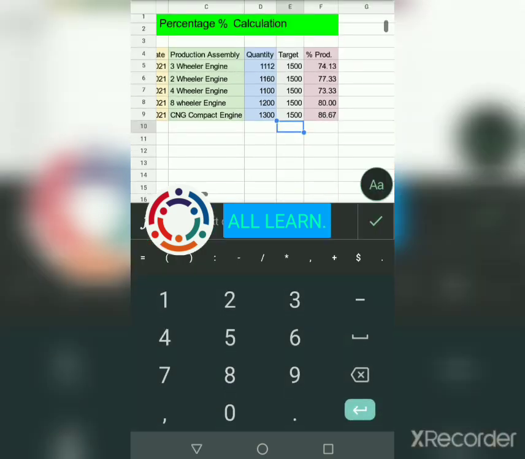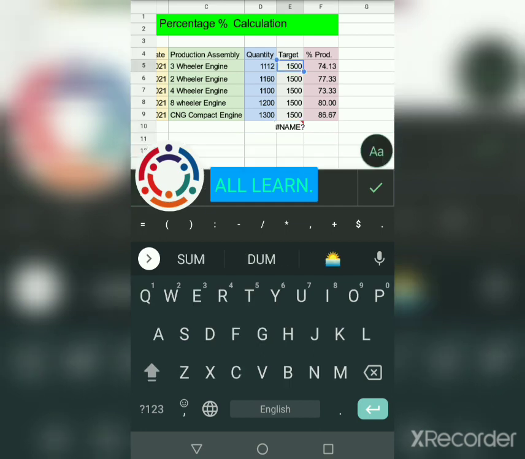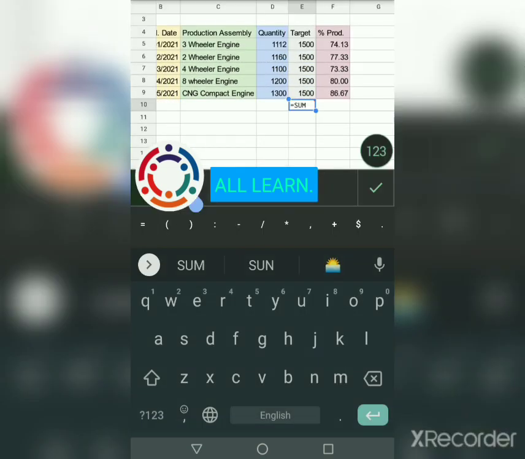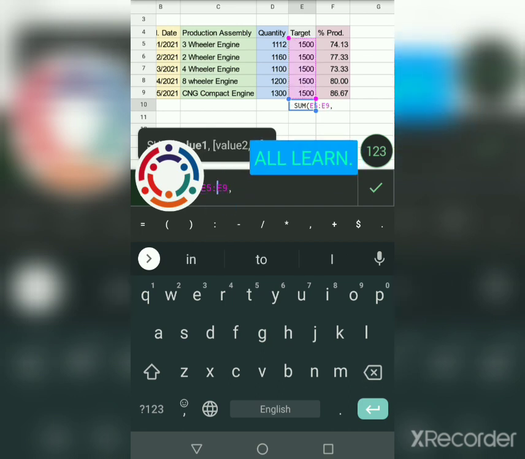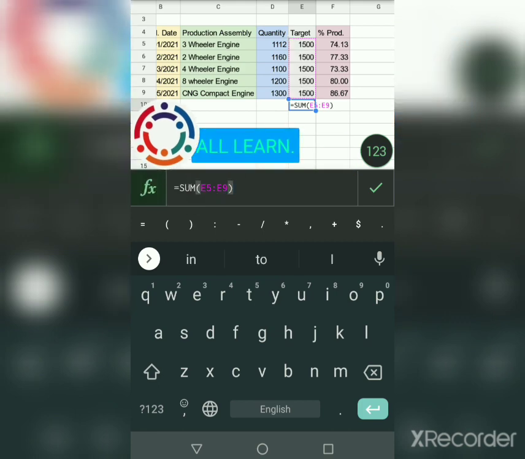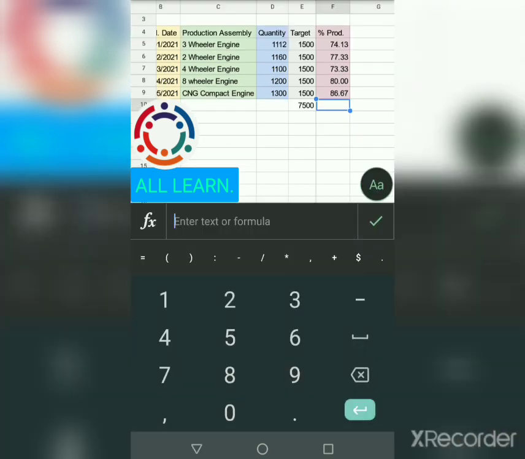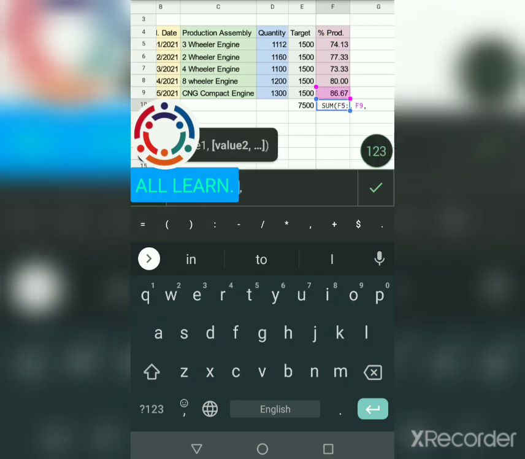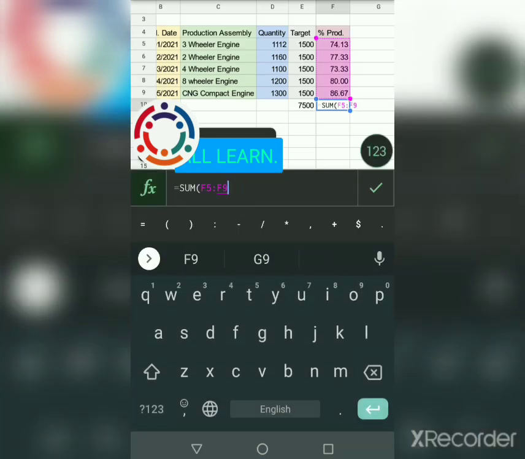Okay, total production in 5 months we can create, but we can write here sum. Here you can see formula sum is equal to, next, total percentage production. Sum total percentage calculation.